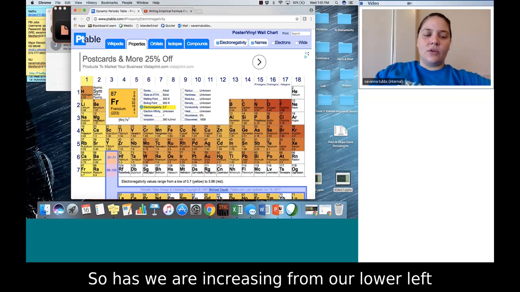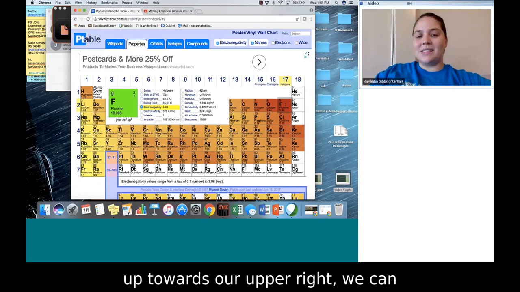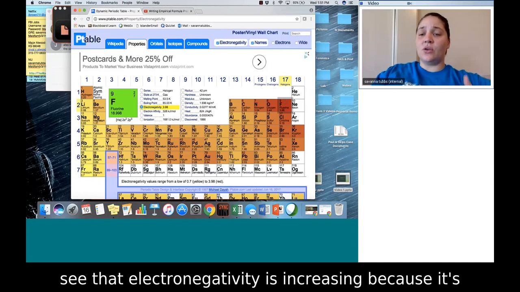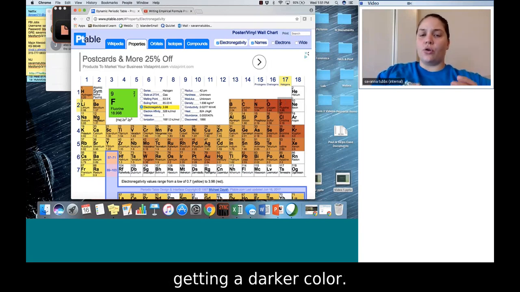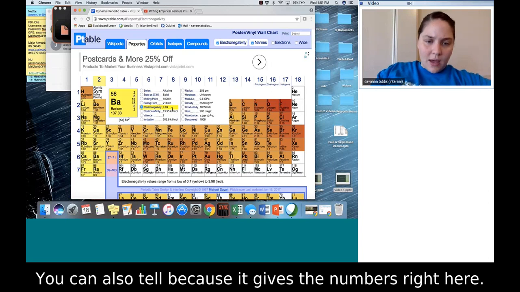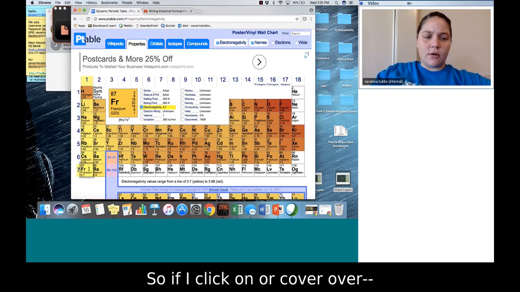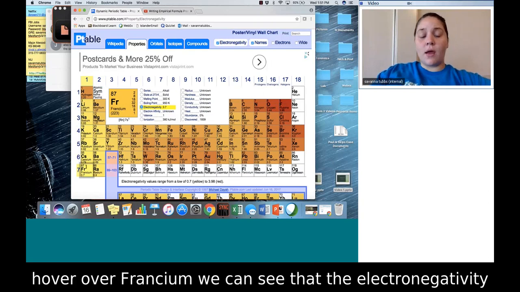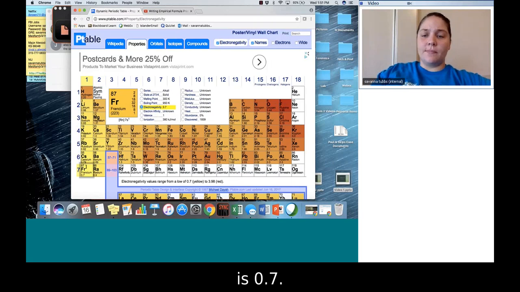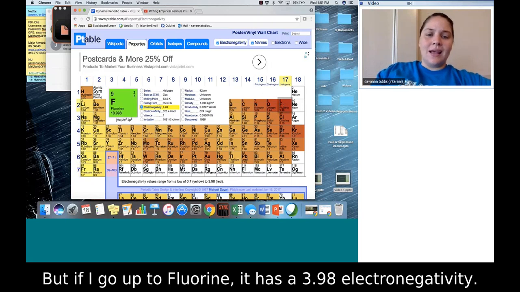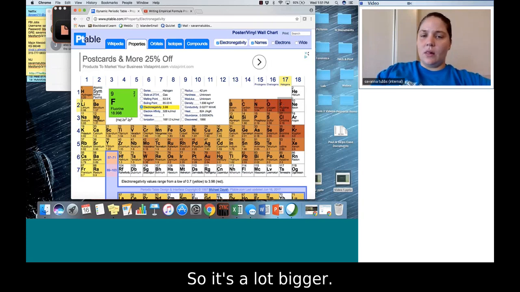So as we increase from our lower left up towards our upper right, electronegativity is increasing because it's getting a darker color. You can also tell because it gives us numbers right here. If I hover over francium, we can see that the electronegativity is 0.7. But if I go up to fluorine, it has a 3.98 electronegativity. So it's a lot bigger.